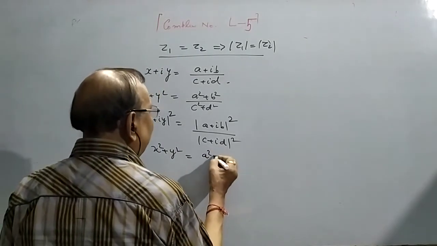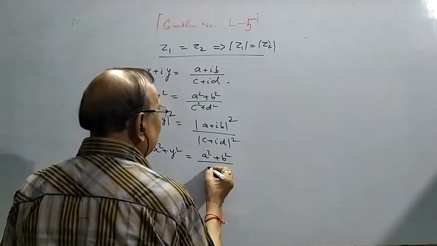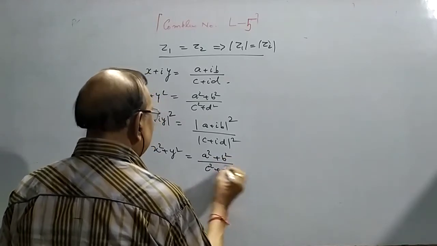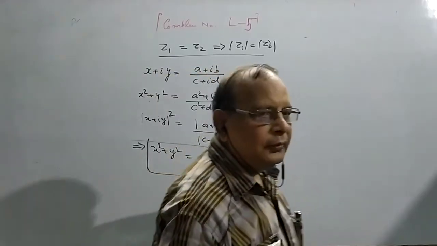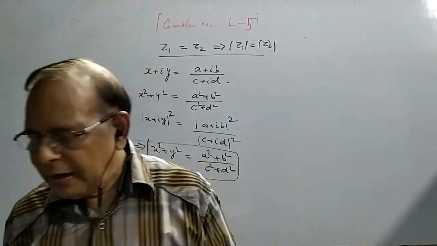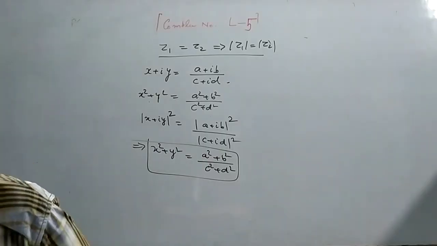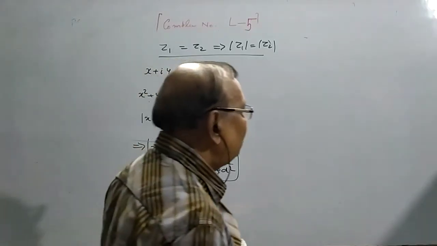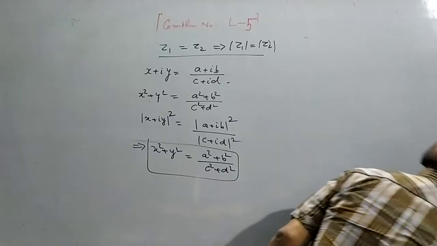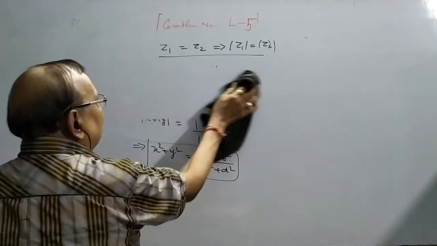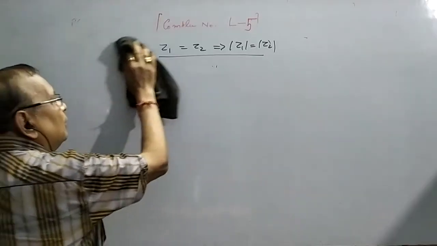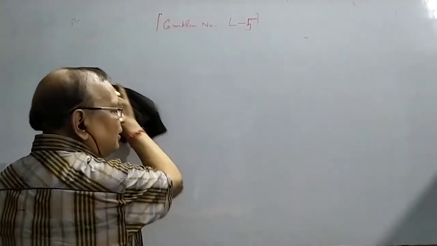That is a square plus b square upon c square plus d square, that is related to simplification only, nothing else. We can prove. I left one step only, which is related to simplification only. Similarly, we can take other problems.